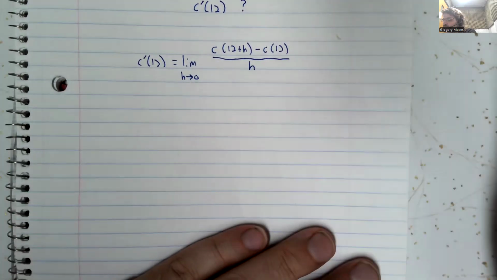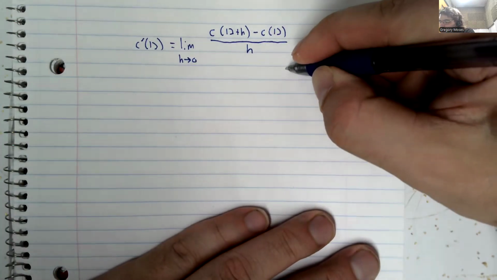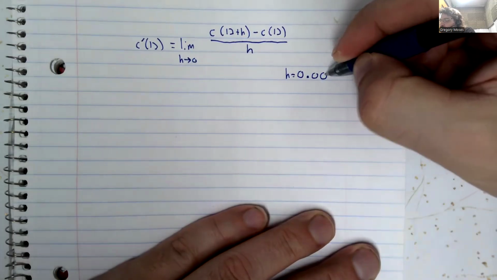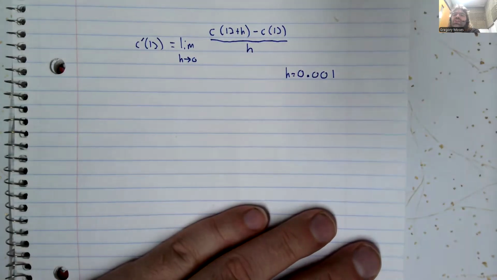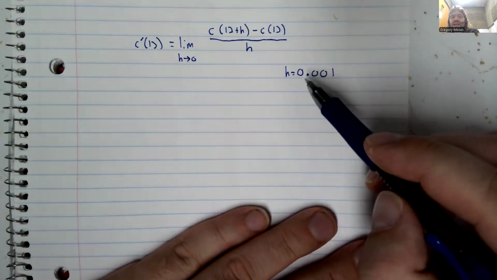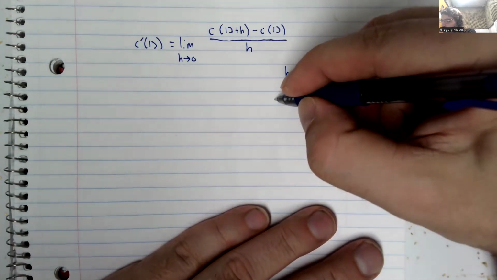Suppose we let h equal 0.001, a number close to 0.